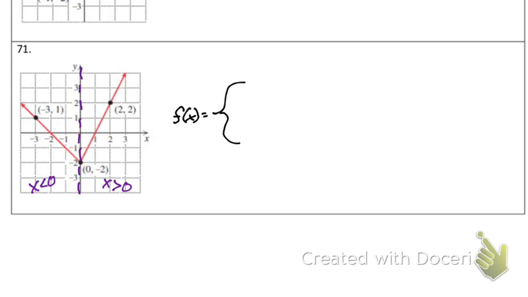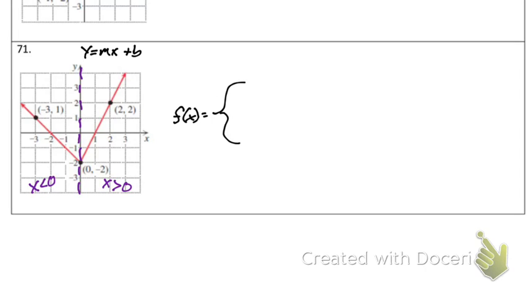So to come up with the equation for a line, I can either use the point slope form, which is y minus y1 equals our slope m times x minus x1. What would be easier, and in my head I was thinking this, I'm going to use slope-intercept form. Slope-intercept form is y equals mx plus b, where m is my slope, b is my y-intercept. So all I need to do is find my slope of my line and my y-intercept.